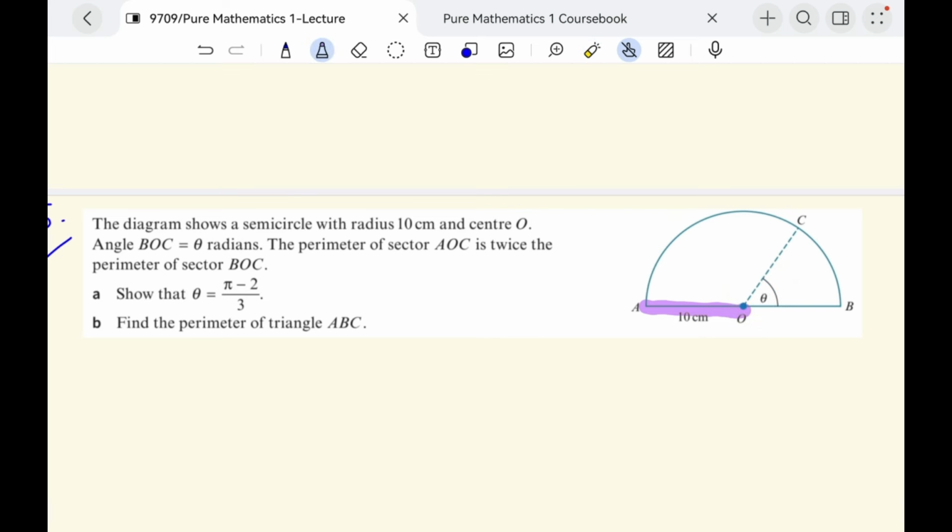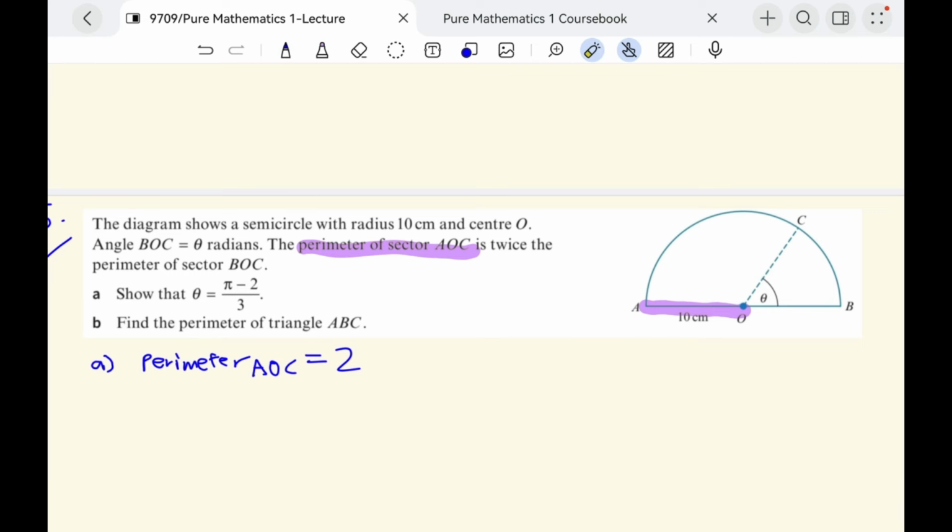Okay, perimeter of the sector AOC. What is the perimeter of the sector AOC? It is the sum of the arc length and two radius. Alright, so it tells you that the perimeter of AOC is twice the perimeter of BOC.